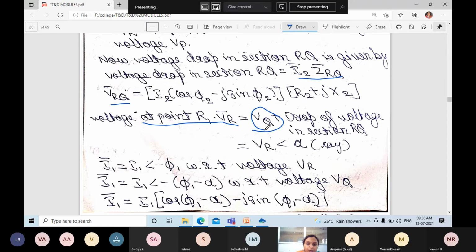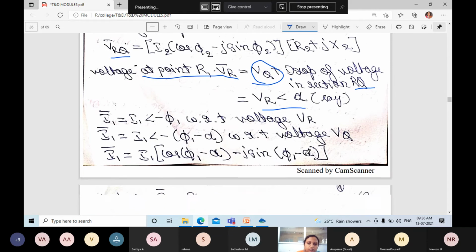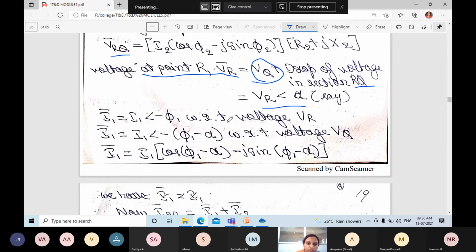Next, the voltage at point R, VR vector, is equal to the voltage VQ plus the drop in section RQ. So VR at angle alpha. See that I1 vector is equal to I1 at angle minus phi 1, that is I1 at angle minus (phi 1 minus alpha), because this is with respect to voltage VR, while that is with respect to voltage VQ.